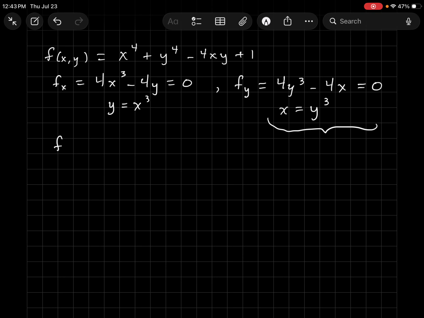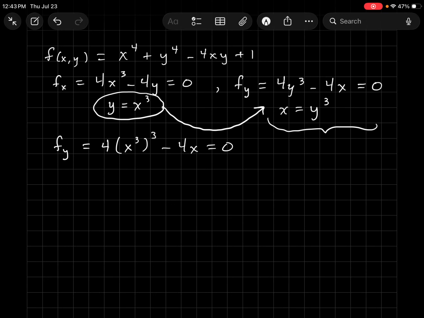I'm going to look at f_y again, but I'm going to plug this in, because this has to be true in both equations. I'm going to plug this one into f_y. So I'm going to get 4 times y cubed, that is x cubed, cubed, minus 4x equals 0. I don't really need the 4s, I'll get rid of those. So we have x to the 9th minus x equals 0.